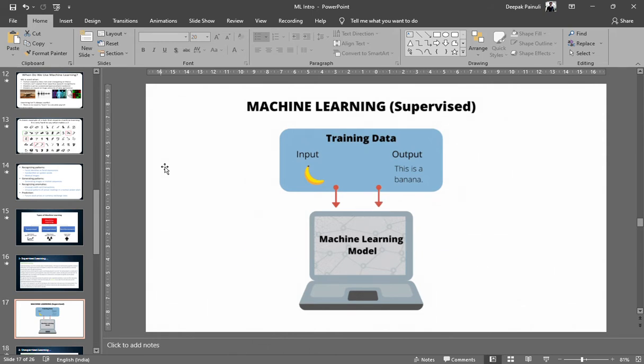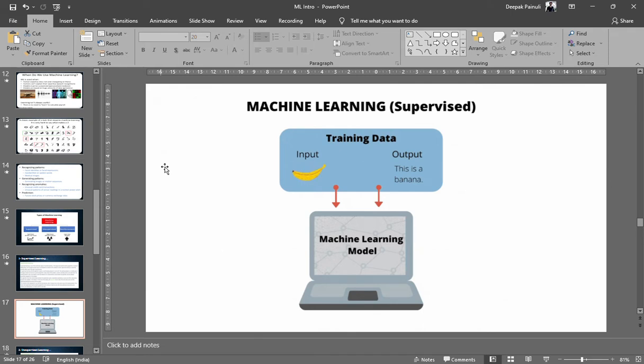So what it means is that in supervised learning, the machine learning model will learn on the basis of the input given and the output corresponding to those inputs. It will match those input-output patterns and find some relation or patterns out of the data, and then infer the basic relationship between the different images or data inputs given with respect to their output.